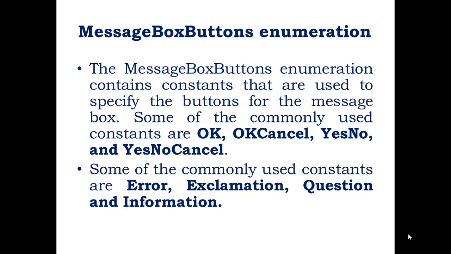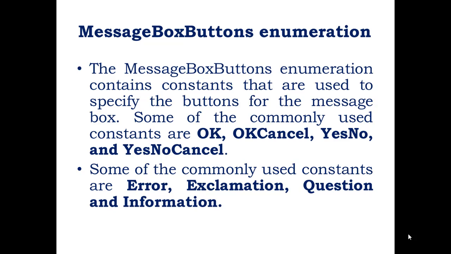There is one single default message box button, OK, and two buttons, OK Cancel, two buttons, Yes No, and then three buttons, Yes No Cancel. Some of the commonly used icon constants are Error, Exclamation, Question, and Information.